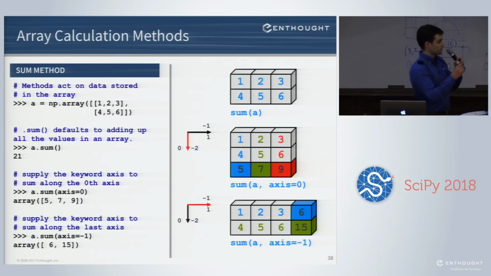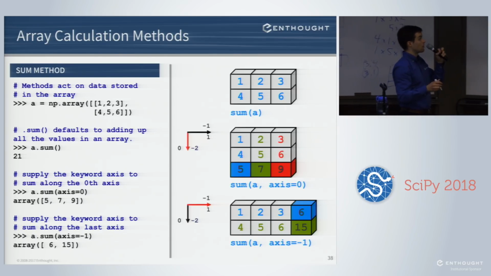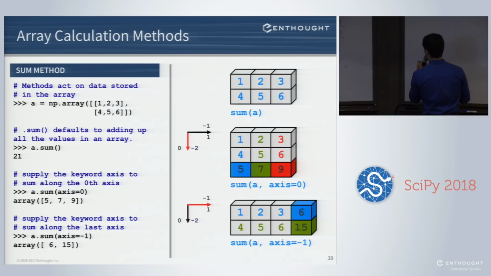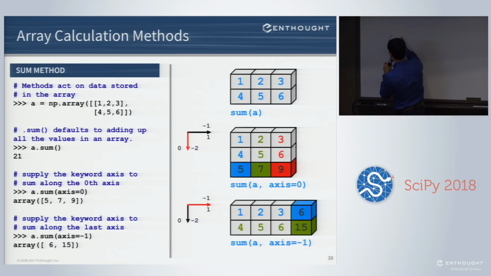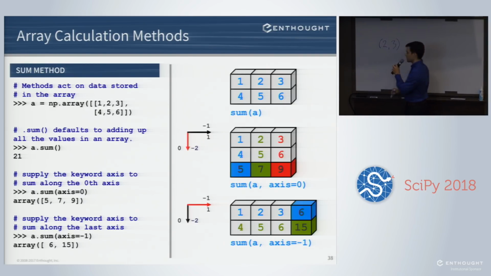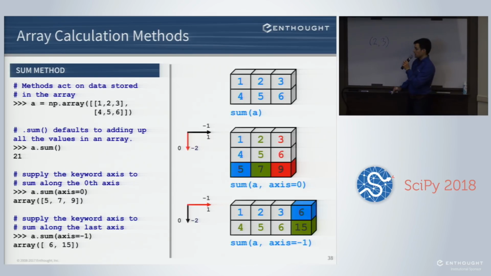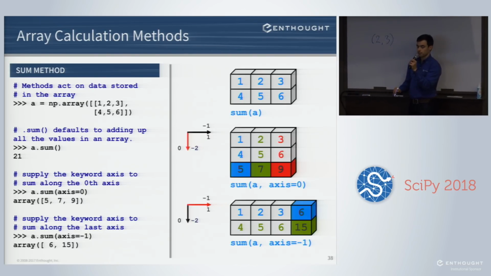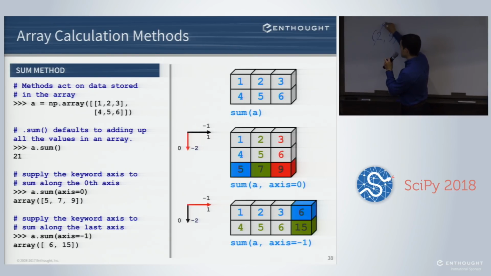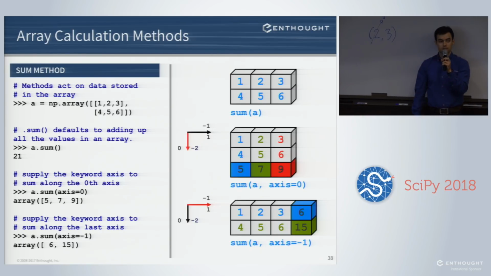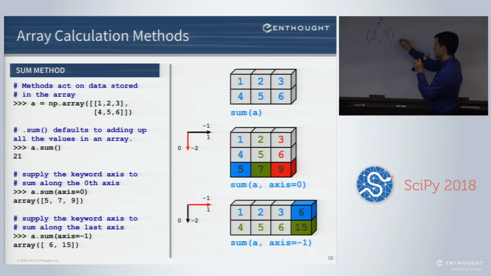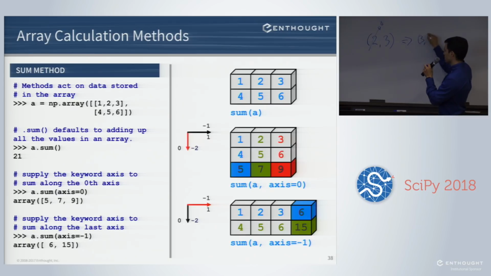So a way to think about the axis keyword: if I have an array that's 2 by 3, and I specify axis equals 0, that axis will go away, and I'm going to end up with something that's a (3,).